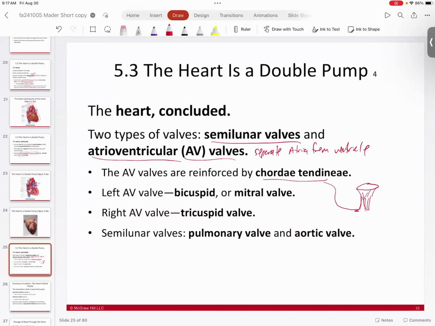What these do is hold the valve in place by attaching to the inside of the ventricle with something called papillary muscles.